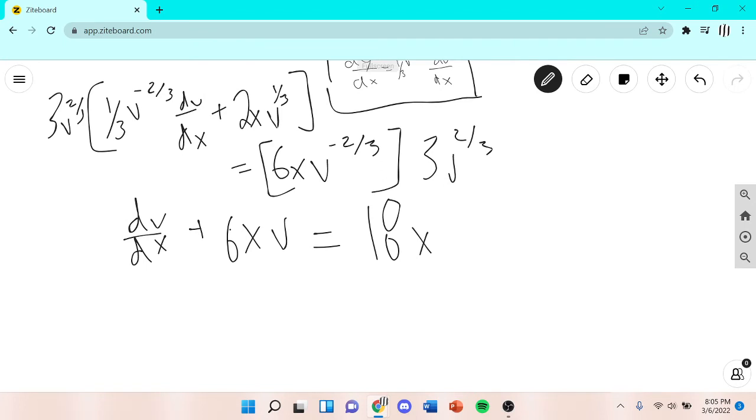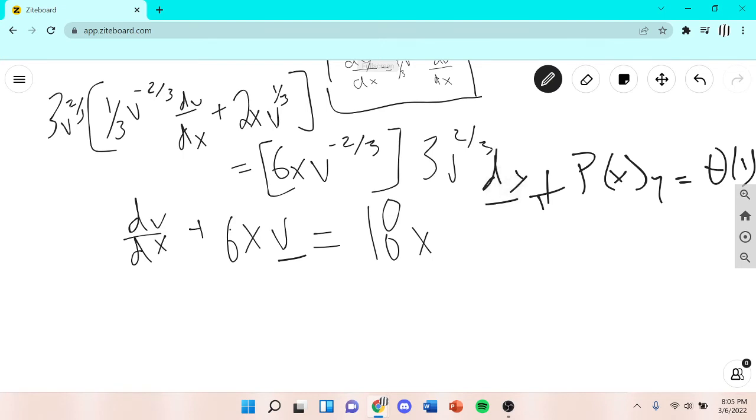What we're going to have to do is, usually the form is p of x, dy over dx plus p times y equals this, but instead we're going to be using the variable v.